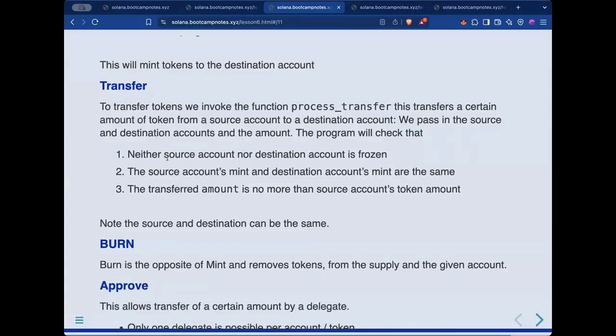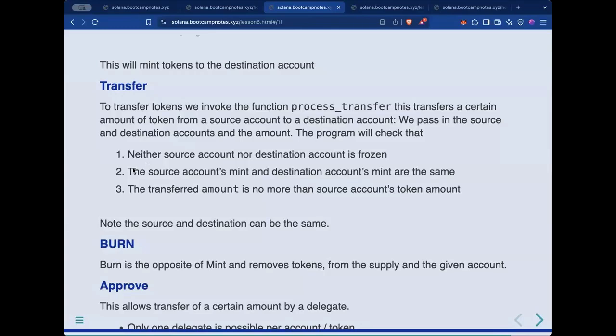There are going to be checks about the accounts involved and whether they are frozen, so the addresses involved, whether those are frozen. We need to check when we're doing a transfer. If Alice is transferring tokens to Bob of a particular token type, Alice has got her cat token, and she's going to transfer some of those cat tokens to Bob.